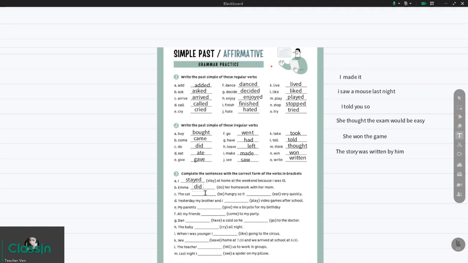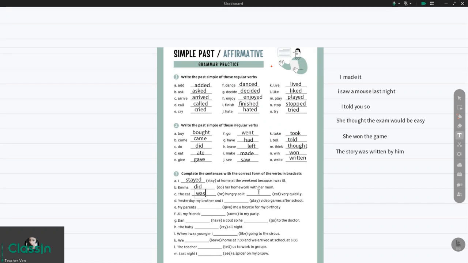Okay. Moving on to our next one. Letter C. The cat blank be hungry, so it eat very quickly. So we just have to complete our sentences using the simple past form of our verbs, okay? So for be hungry, the cat was hungry, right? The cat was hungry, so it.